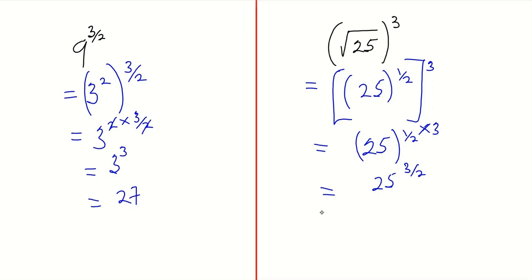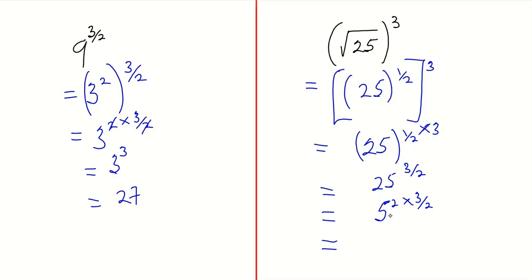We continue, and we know 5 times 5 can be written as 25, that is 5 exponent 2. So 5 exponent 2 is the same as 25, and then we bring in our exponent times 3 out of 2.